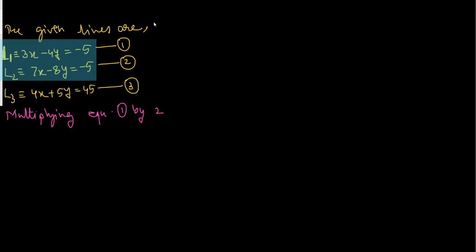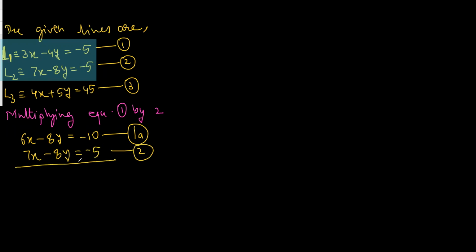I get 6x minus 8y equals minus 10. I multiply throughout by 2. This is my 1a. 1a means it is the same equation but modified. And what was the second equation? I'm solving L1 and L2, so L2 is 7x minus 8y equals minus 5. This is equation number 2.